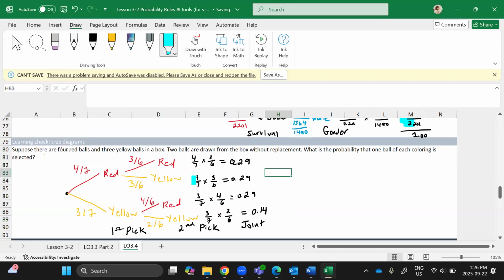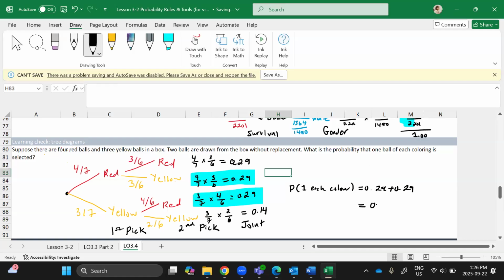So if you want red and yellow, that's this possibility on the tree, or yellow-red. It could be red-yellow or yellow-red. So probability of one of each color should be about 0.29 plus 0.29, or about 0.58 approximately, not including the more decimals.